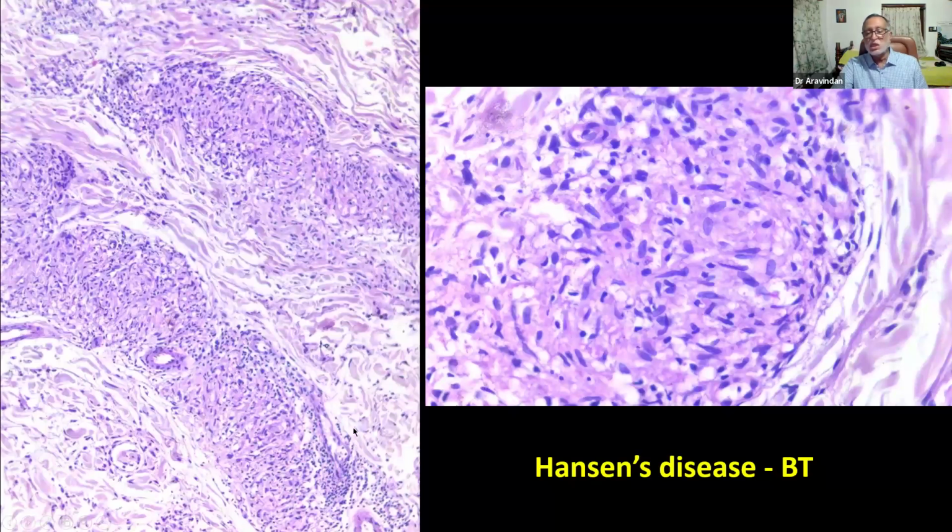So this is very classical of Hansen's disease. And this is Hansen's disease, borderline tuberculoid. The classical granulomatous lesion, once very, very, very common, but now fortunately much rarer than before, though there seems to be slight recrudescence of this disease in recent times.